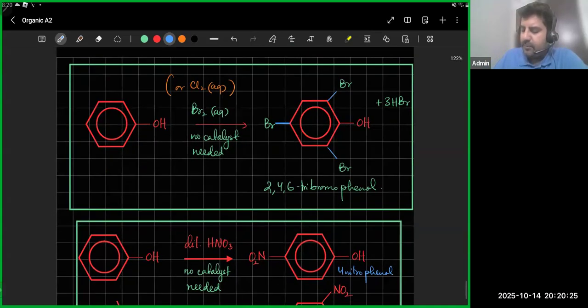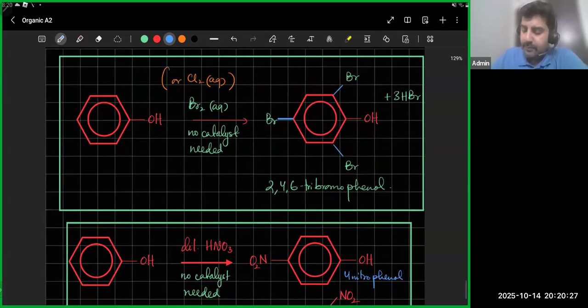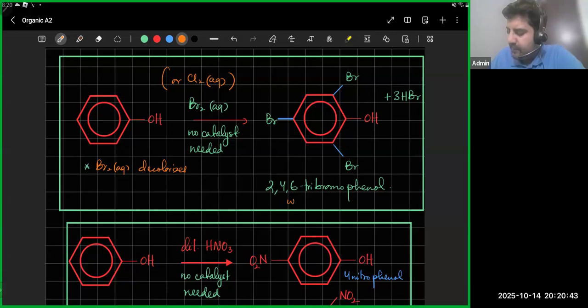About this 2,4,6 tribromophenol, they would ask you about the observation. The first observation is that the Br2 gets decolorized. The second observation is this 2,4,6 tribromophenol is a white precipitate, and this is often used as a test for phenols.